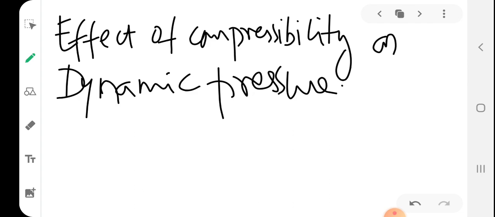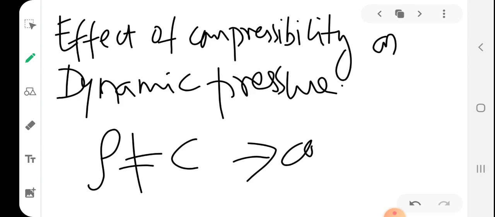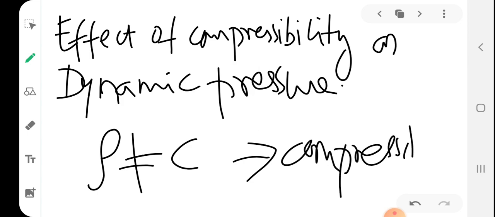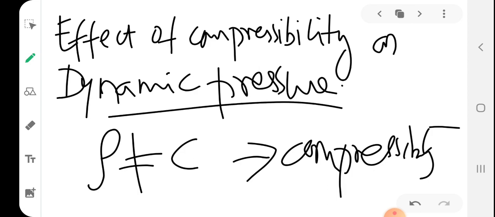Compressibility is the property by which a fluid can change its density, the property which allows the density of the fluid to change. So density is not constant. That property is called compressibility. So what is dynamic pressure?